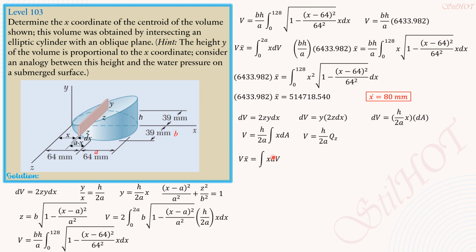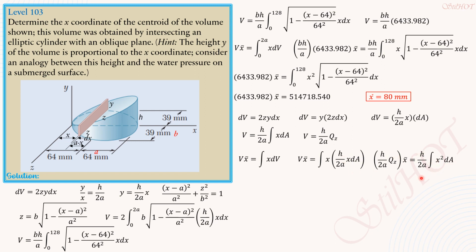So volume times x-bar equals integral of x times h over 2a times x dA. Factoring out h over 2a, h over 2a Qz, which is volume, times x-bar equals h over 2a integral of x squared dA.